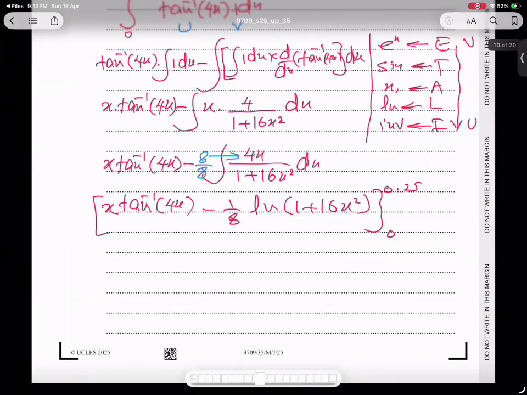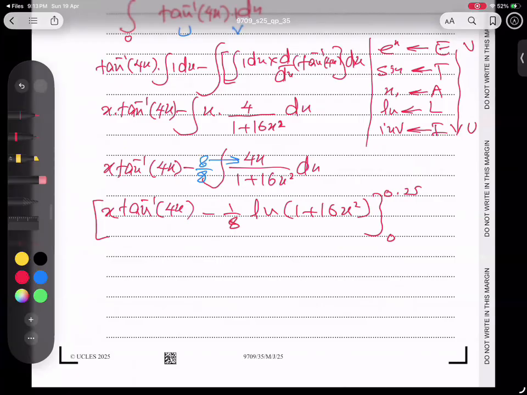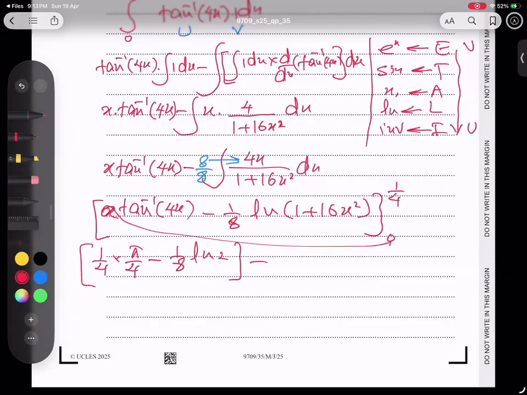Basically, if you look, 0.25 is what? 0.25, I can write 1 by 4. Same thing. When I plug in 1 by 4 here, I get 1 by 4. And when I plug in 1 by 4 here, tan inverse of 1 is pi by 4. So I'm getting here pi by 4. Must convert in radian mode. 1 by 8. When I plug in 1 by 4 here, this cancels, I get log of 2. Now I'm plugging 0 here, fully gone.